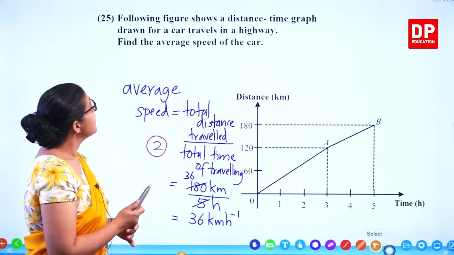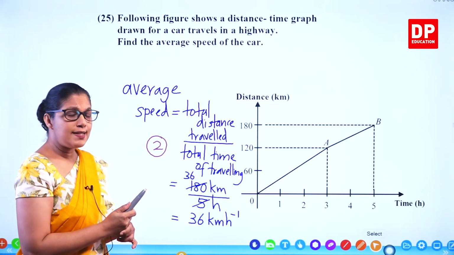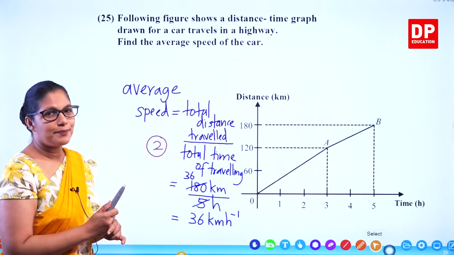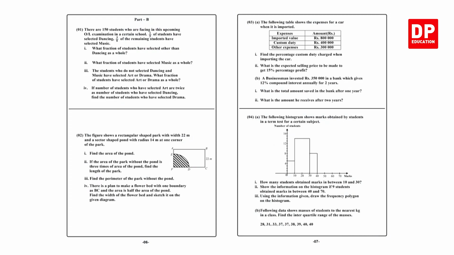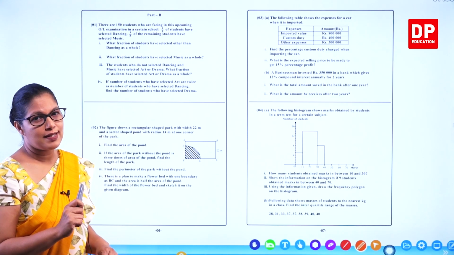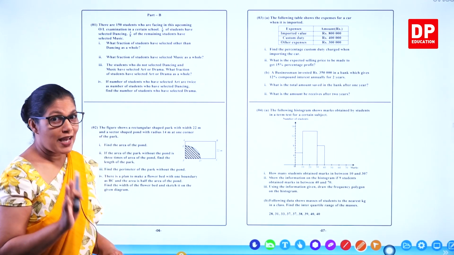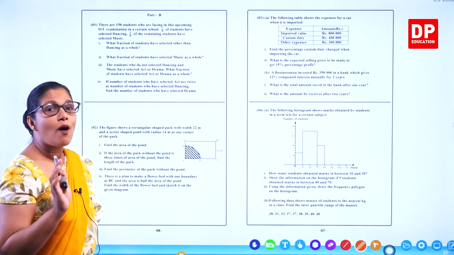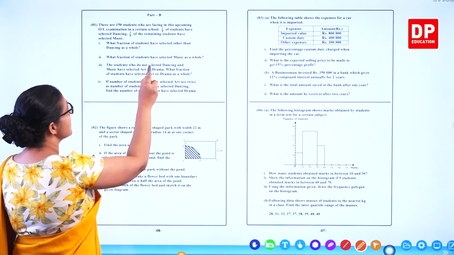So we completed all 25 questions in part A. Now let's do part B. In part B you get 5 questions and you have to answer all 5 questions. Spaces are also provided, so you have to answer in the spaces.